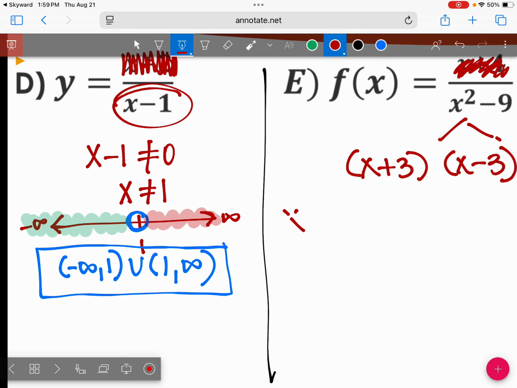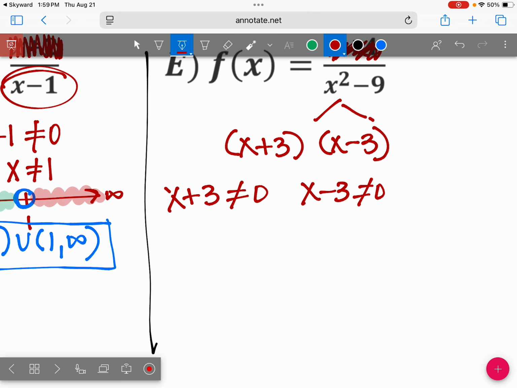So that means I have two numbers that x cannot equal. So we got to take our stick and break it 2 times. So x plus 3 cannot equal 0 and x minus 3 cannot equal 0. So that means that x cannot be negative 3 or positive 3.